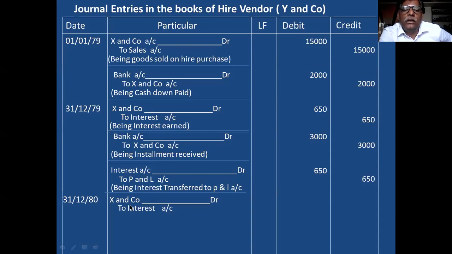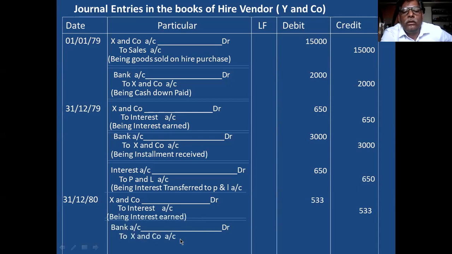Debtor account increases, then interest account is credited. Asset increases, income increases. Being interest earned, 530, 530. Then next is for receiving the installment. Bank account debit to X and Company account, 3,000, 3,000. Installment received. Second entry.